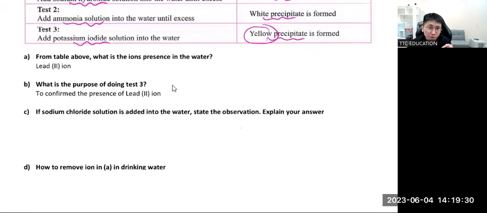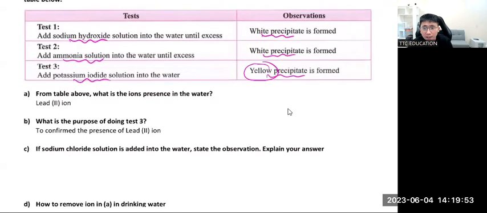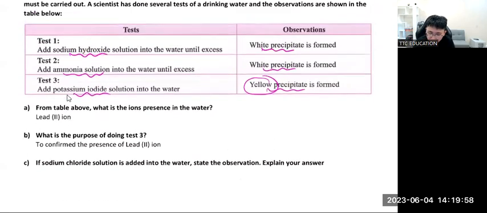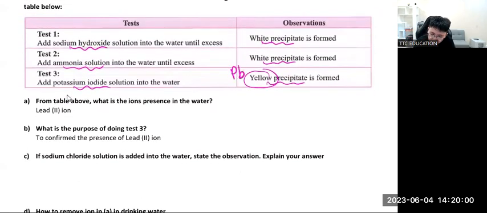Now, if sodium chloride is added to water, state the observation. So if you add sodium chloride into this water, what is supposed to happen to the new salt that you produced? Just now we said inside here is Pb2+.